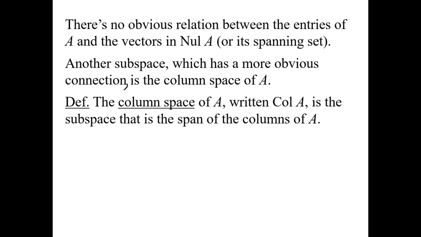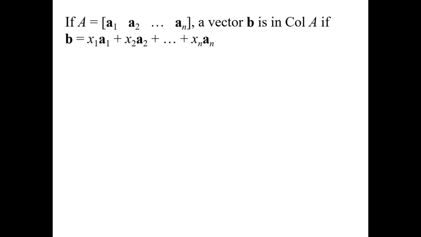So it's a description. The description is all vectors that are the linear combination of those columns. Well, if we define A as just made up of those columns, so A1 is the column, A2 is the column, then a vector B is in the column space if B is a linear combination of A1, A2 up through AN.